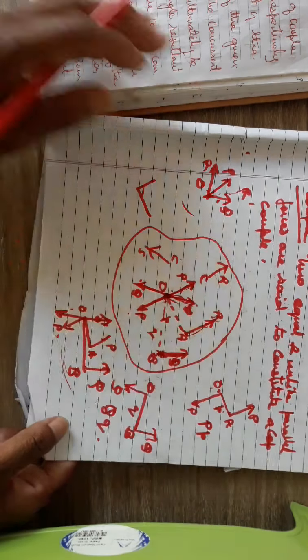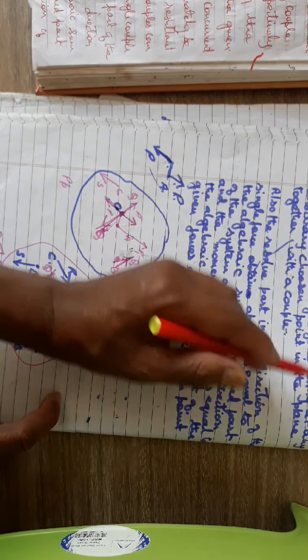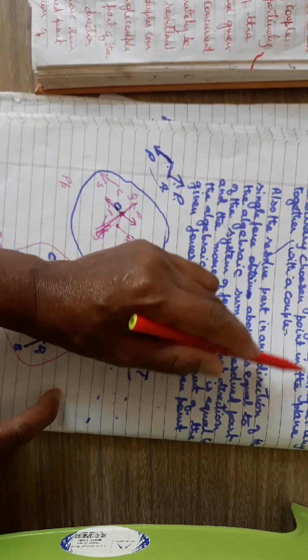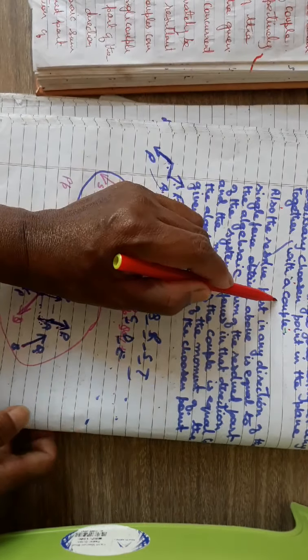So therefore any system of coplanar forces acting on a rigid body can ultimately be reduced to a single force acting at an arbitrarily chosen point in the plane together with a couple.